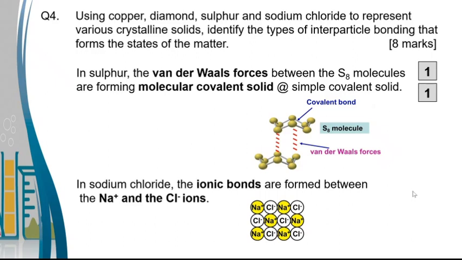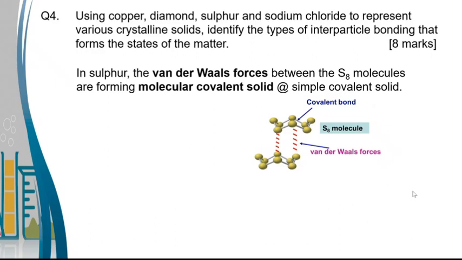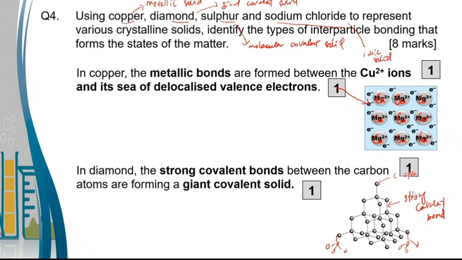So I repeat. First you need to identify the type of solid. We have metallic solid, giant covalent solid, molecular covalent solid, and ionic solid. For each type of solid, you need to explain the type of bonding.